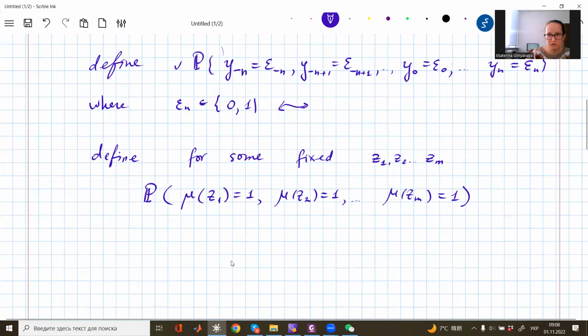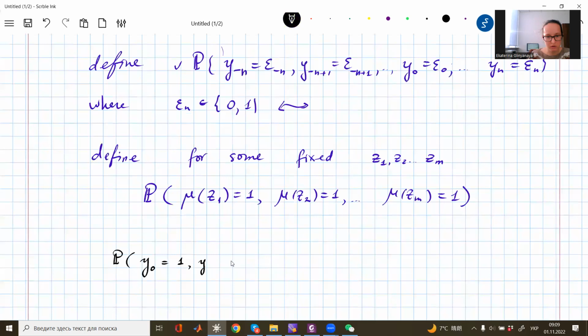So indeed, here you can use the principle of inclusion-exclusion. For example, if you have the probability that y0 is equal to 1 and y1 is equal to 0, how can you rewrite this probability just using these probabilities?